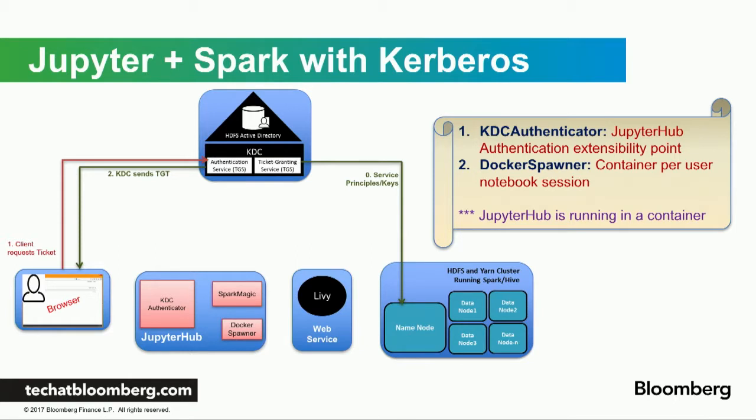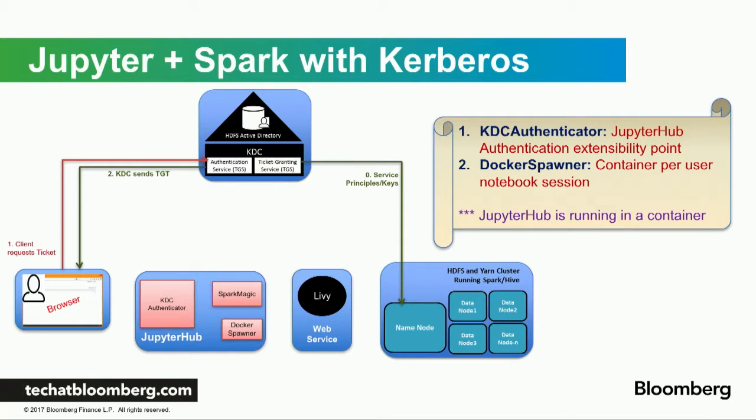Then the second component is the spawner. The spawner in JupyterHub is another extensibility point for per-user notebook sessions. Since JupyterHub is a multi-user environment, here we are using a Docker spawner for Docker to create a separate Docker container per user. What does that mean?